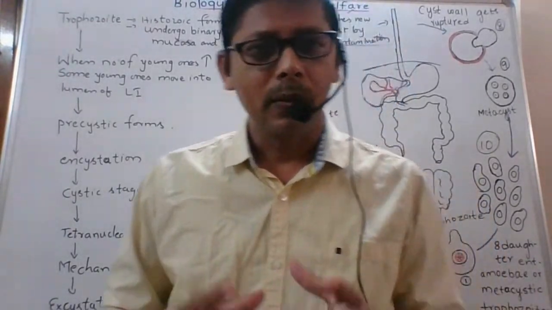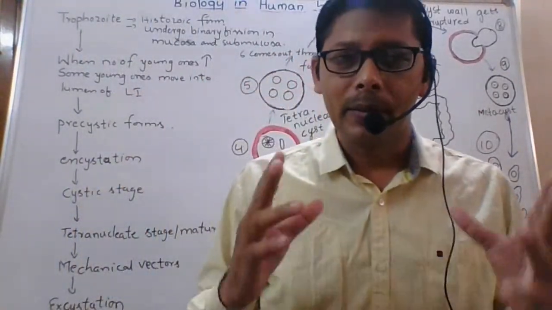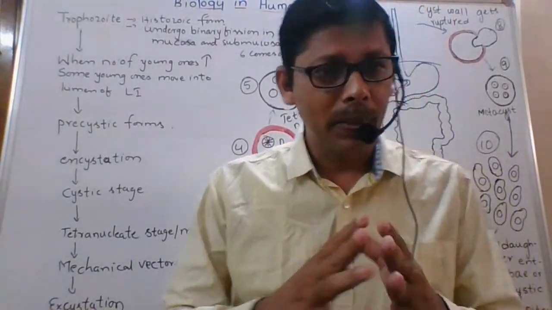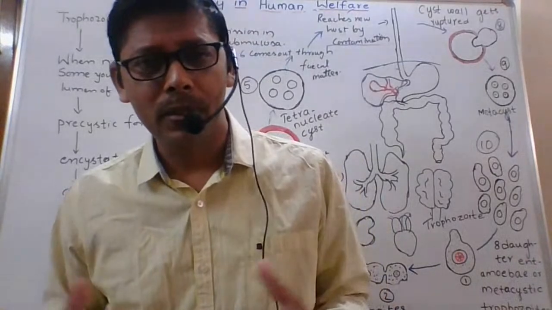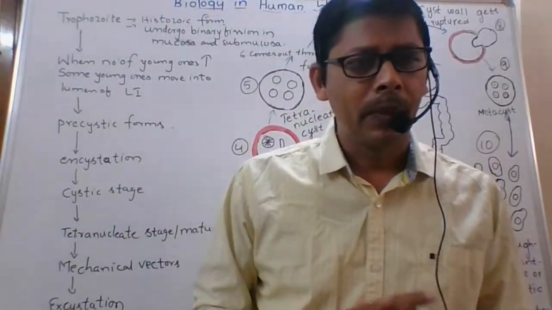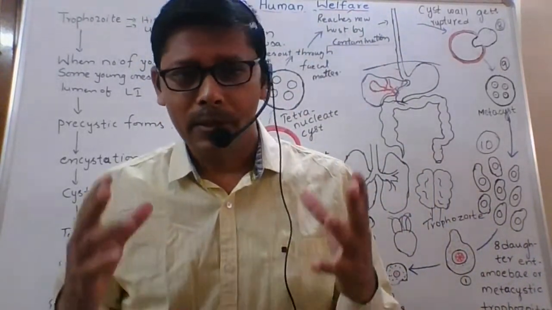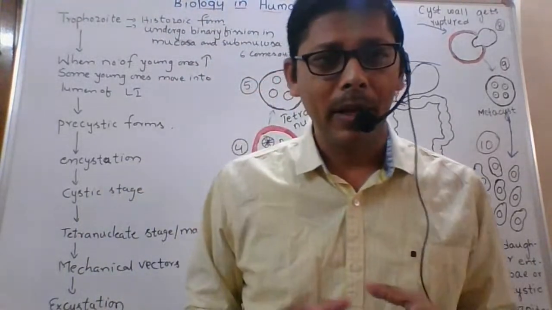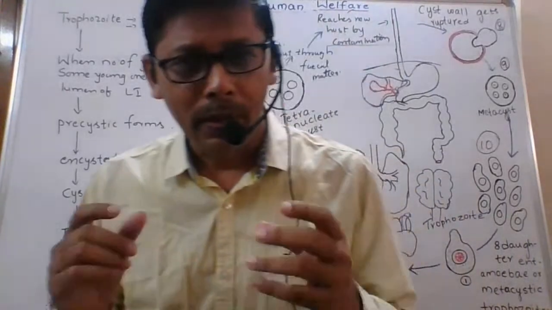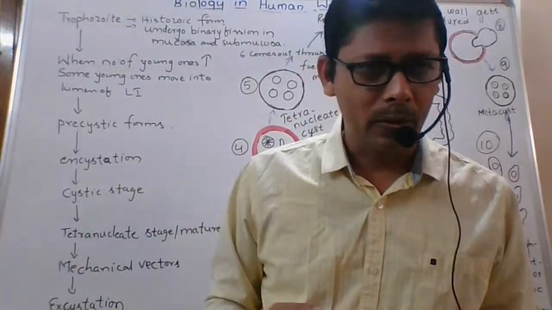The body of the trophozoite is surrounded by plasma lemma, and inside there is cytoplasm. Cytoplasm is differentiated into outer ectoplasm and inner endoplasm. Ectoplasm is clear, thin, non-granular, and viscous, whereas endoplasm is thick and granular, consisting of a lot of granules.